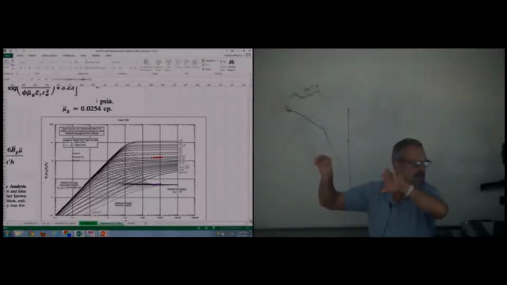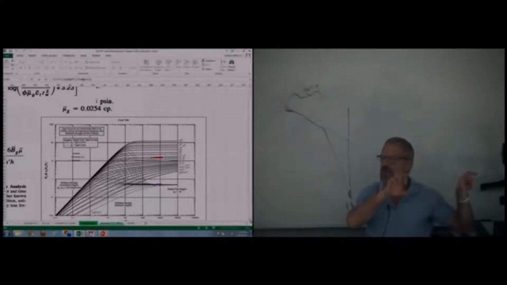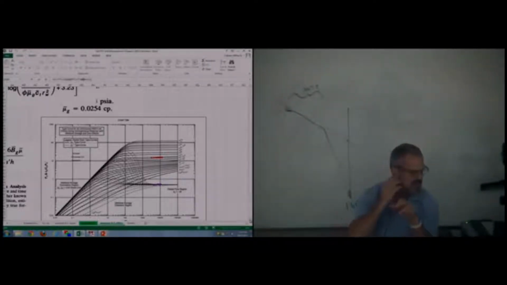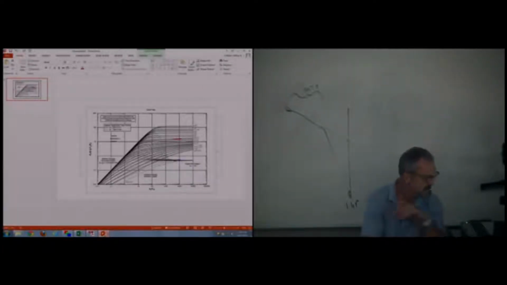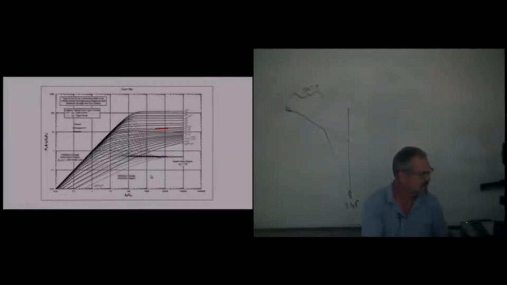I can't slide the red or purple data too far to the left because I'll move out of the middle time region. I can take it pretty far to the right. At that point, I can estimate my C sub D e to the 2s.